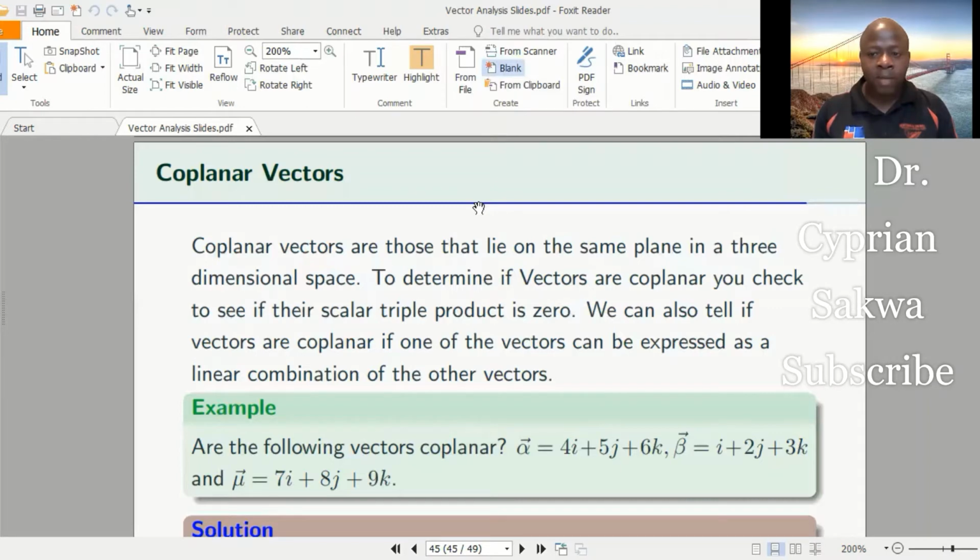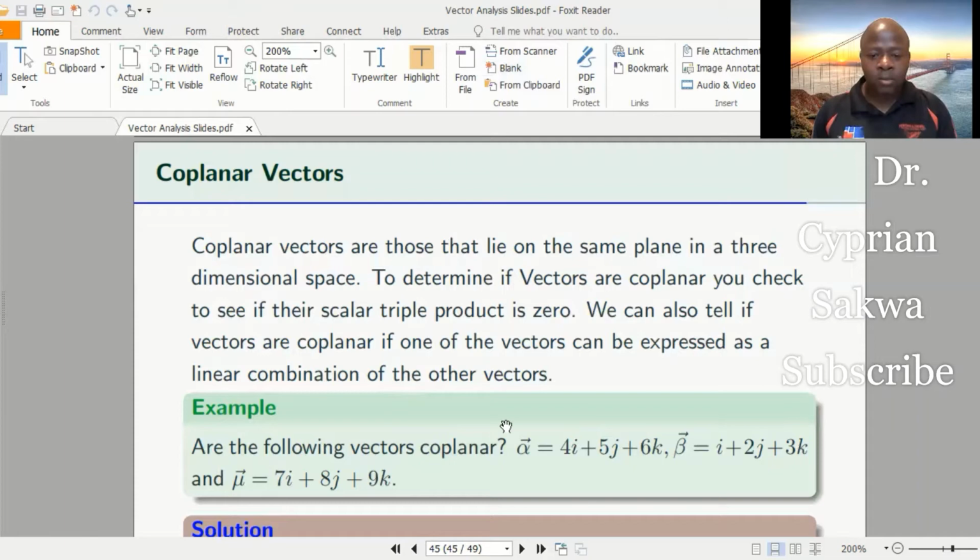If you extract the coefficients of those three vectors and form a matrix, and the matrix has determinant 0, then it means that those three vectors are coplanar. But I'll stick to the two methods. One, the method of finding the scalar triple product, if it is 0, and two, the method of finding out whether one of the vectors can be written as a linear combination of the other vectors.